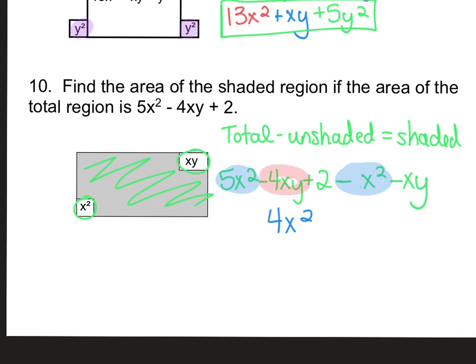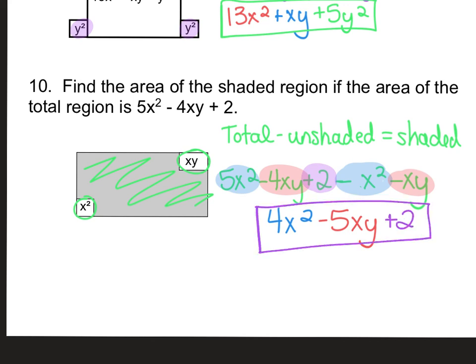Negative 4xy minus xy is going to leave us with negative 5xy. And then we have plus 2. And there's nothing for it to combine with, so we just tack it on at the end. And this would be the area of the shaded region.